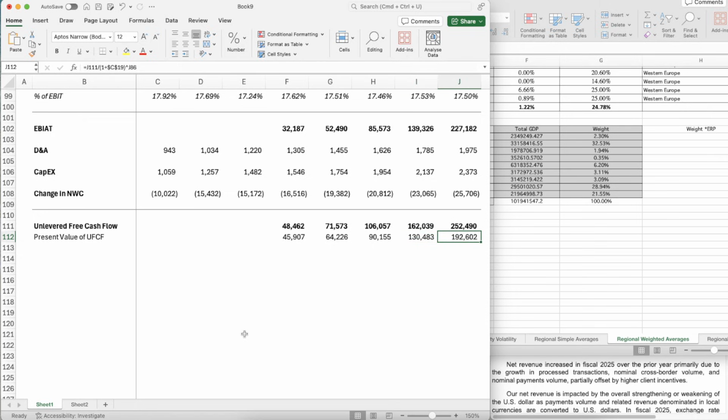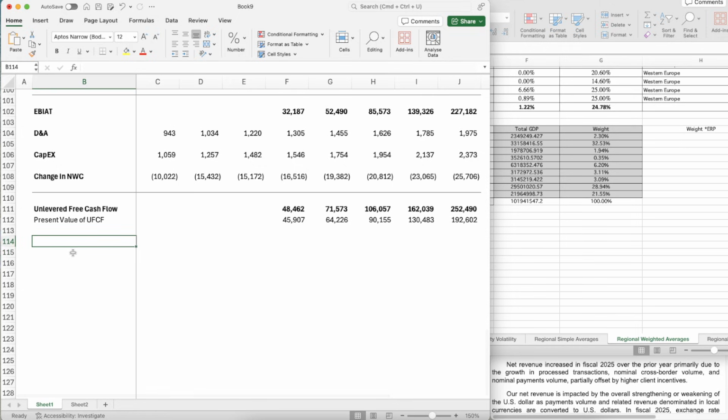So what this does is account for the time value of money. $1 today is worth more than $1 tomorrow. So all of these cash flows that have been forecasted out, discounting them back to the present day, gives us these figures. The next step is the terminal value.